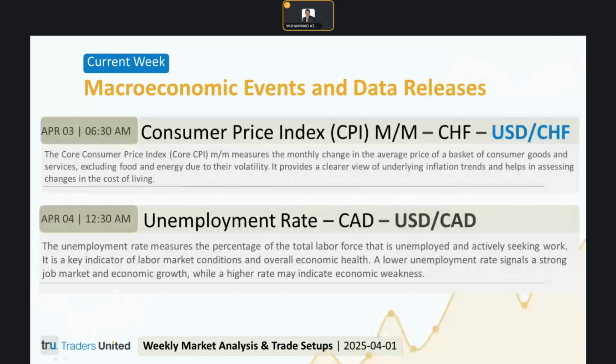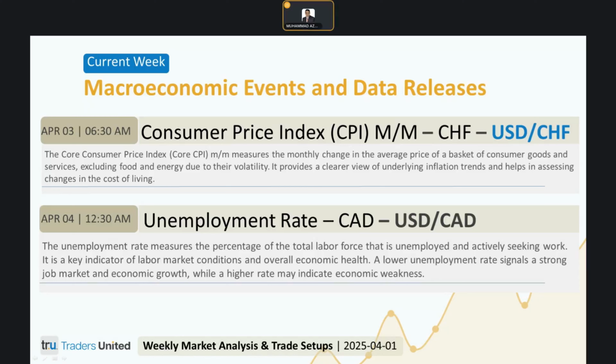Consumer price index CPI, M over M means month over month. The consumer price index CPI month over month measures the monthly change in the average price of a basket of consumer goods and services in Switzerland. It is a key indicator of inflation trends and helps assess price stability and cost of living changes in the Swiss economy.